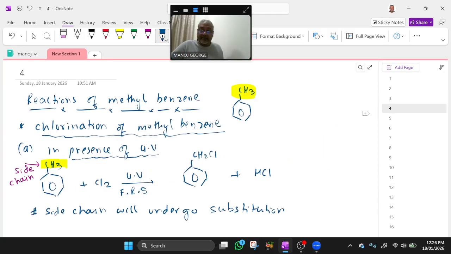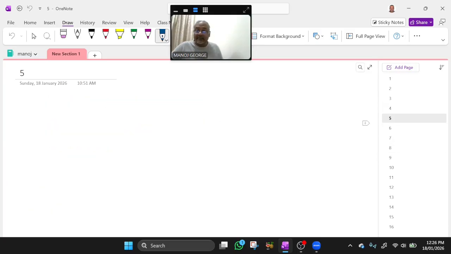We are discussing methyl benzene, and as you must have guessed by now, methyl is the R group, and because it is the R group, it is considered a ring activator. So it's going to push the electrons into the ring. So we are doing chlorination. So first one is done. Now let's have a look at our second one.